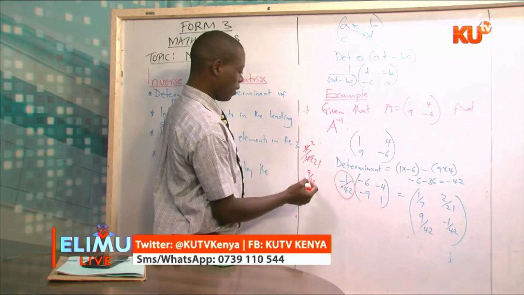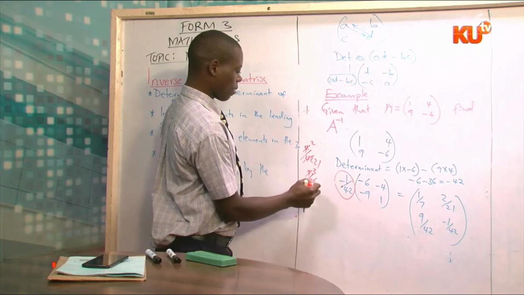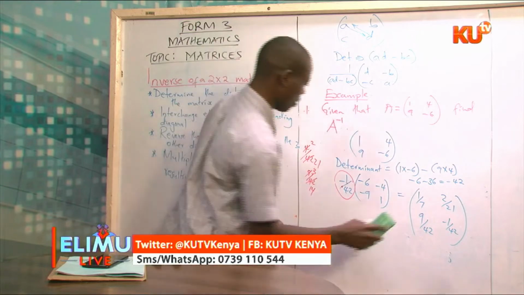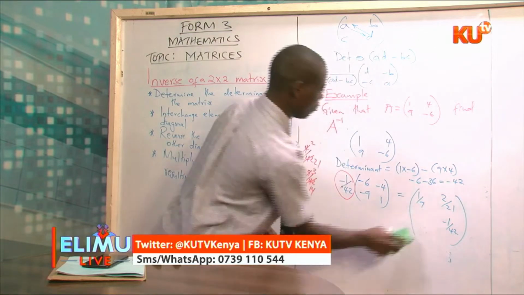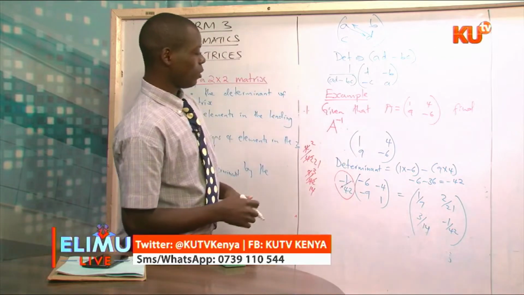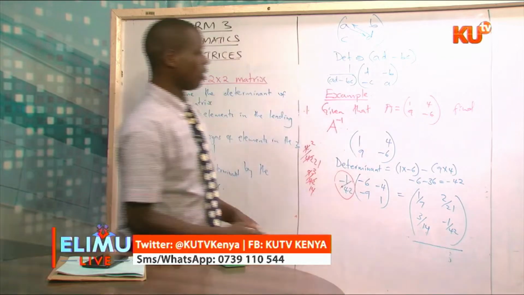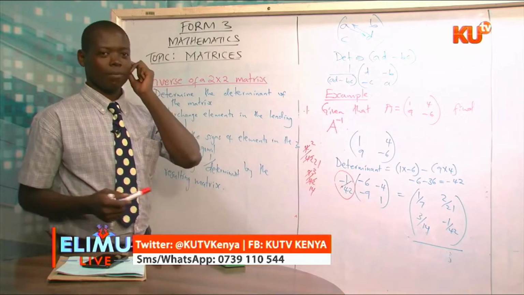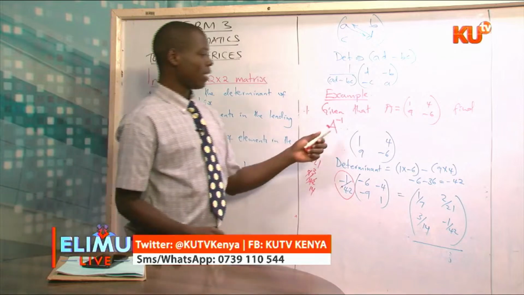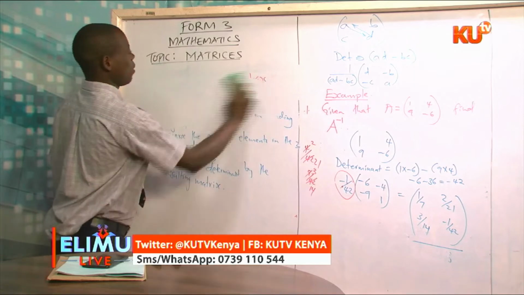Again, that can be simplified because 3 can divide 9 and 42. 3 into 9 is 3, 3 into 42 is 14. To simplify, it should be 3 over 14. And then negative 1 over 42 times 1 gives us negative 1 over 42. And this is the inverse of our matrix. So we look at the inverse in that way. Either they will write the word inverse or they will write a power negative 1, to obtain that.